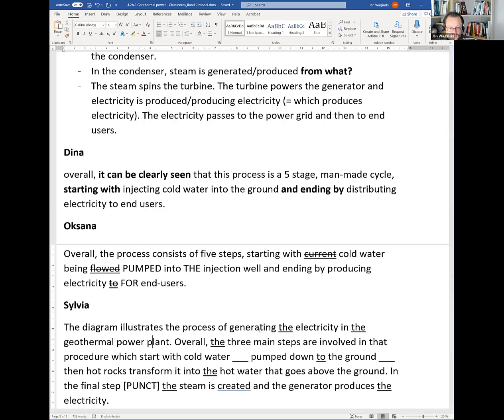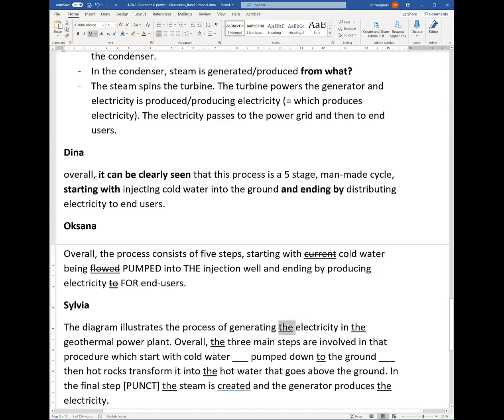And we're seeing the same issues that we typically see. All right, let's go through it together. The diagram illustrates the process of generating electricity. No, electricity isn't countable. So just generating electricity.